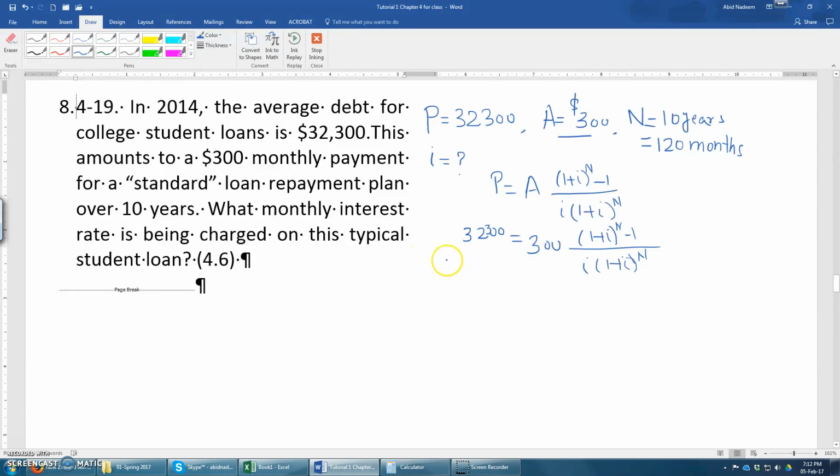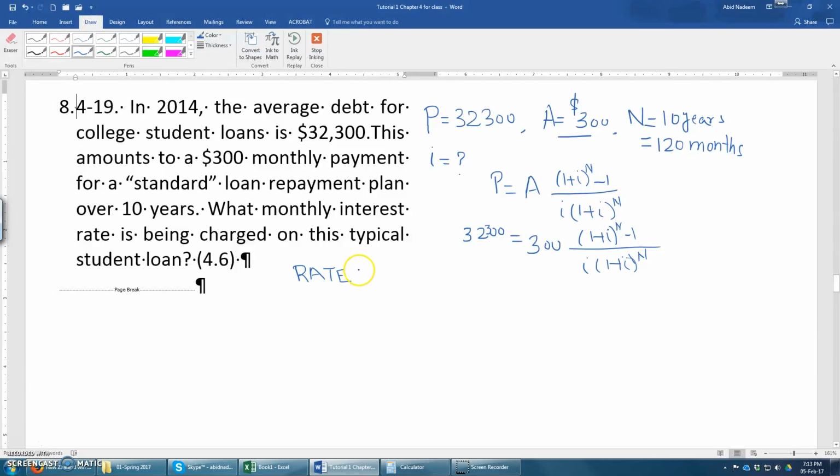Some approaches use the properties of similar triangles to approximate the value of i for hand calculations. In Microsoft Excel you can also use a direct function, the RATE function, to find the value of i.